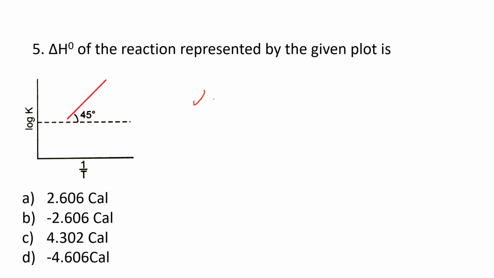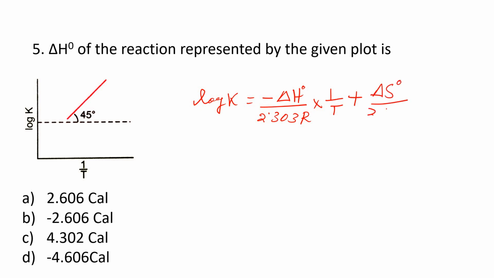So, once again, our log k is equal to minus delta H naught divided by 2.303 R into 1 by T, plus delta S0 divided by 2.303 R, right? Now, here it is 45 degrees, so the slope will be tan 45 degree.